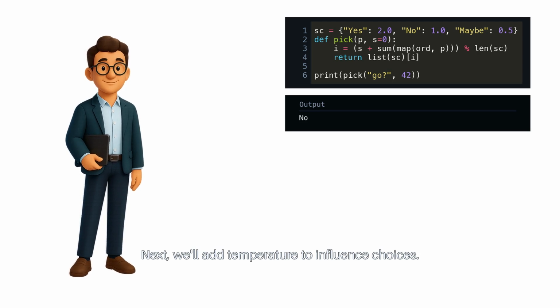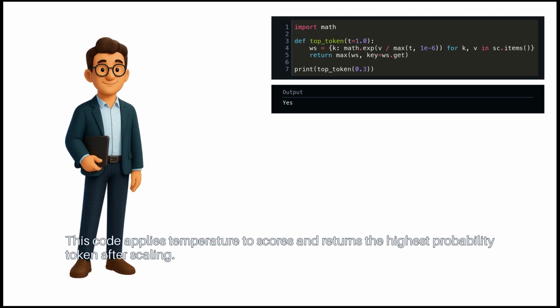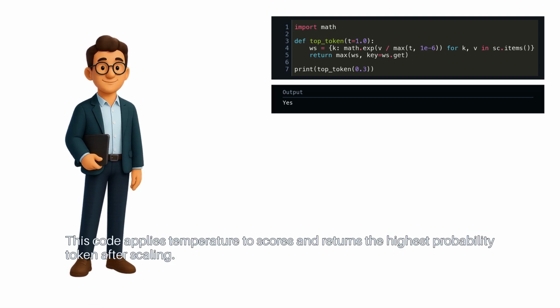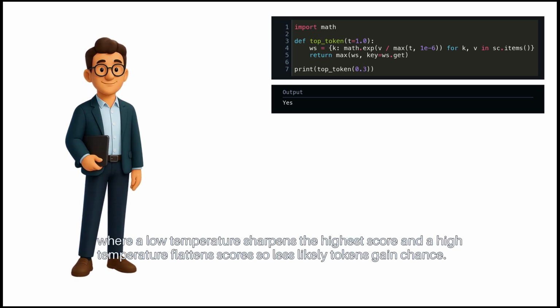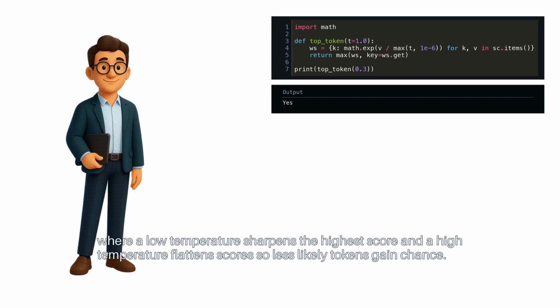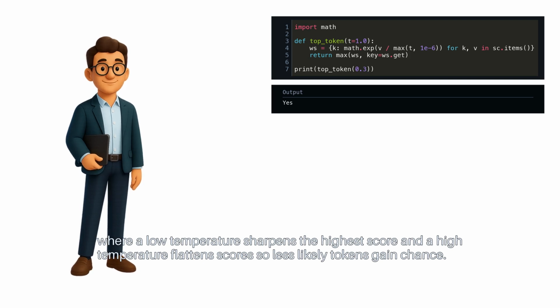Next, we'll add temperature to influence choices. This code applies temperature to scores and returns the highest probability token after scaling. It converts raw token scores into a softness controlled by temperature, where a low temperature sharpens the highest score and a high temperature flattens scores, so less likely tokens gain chance.